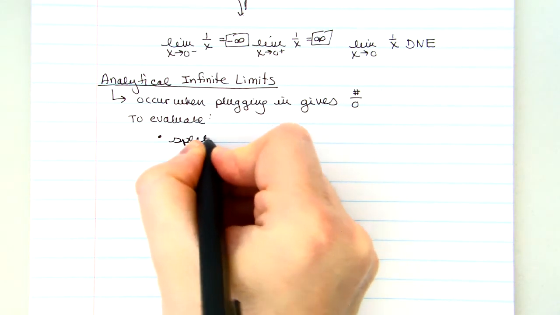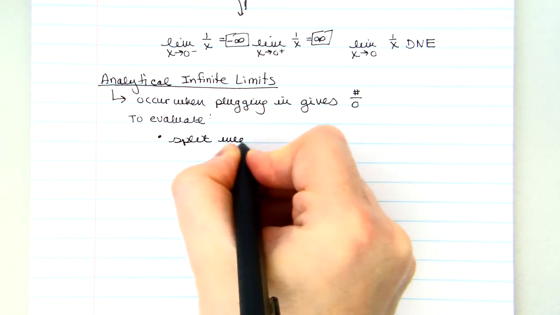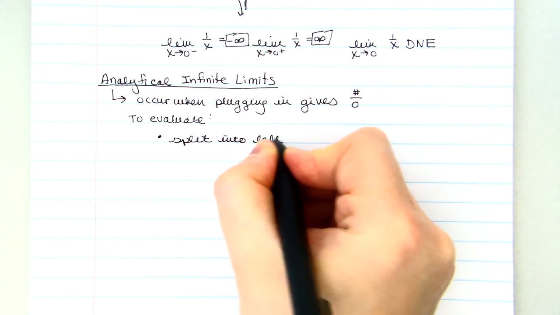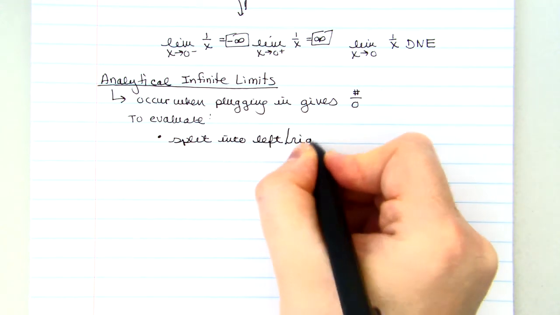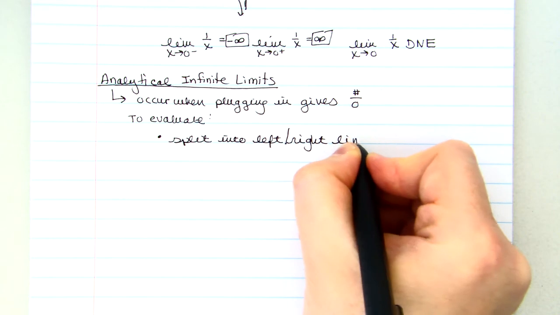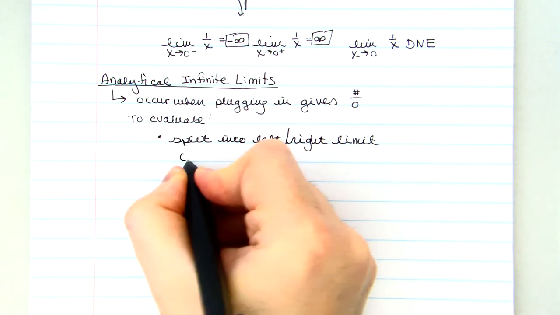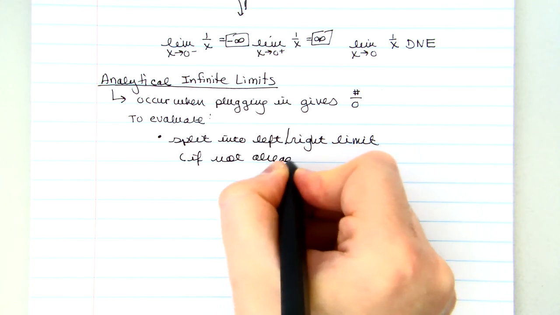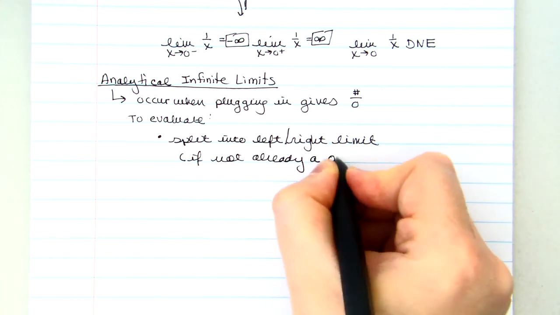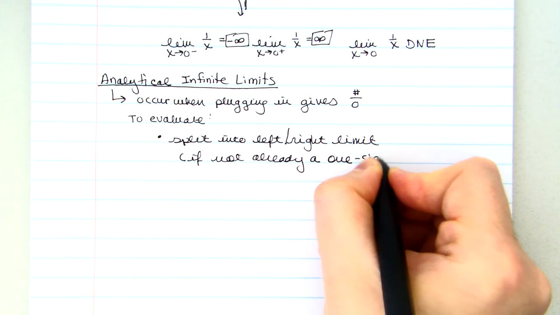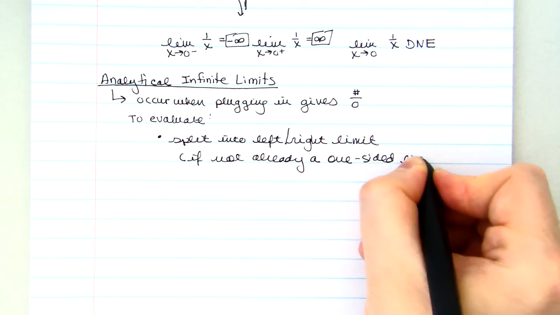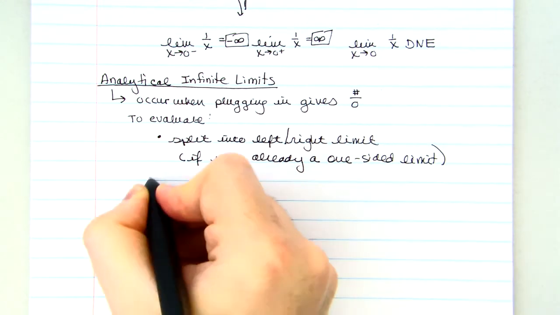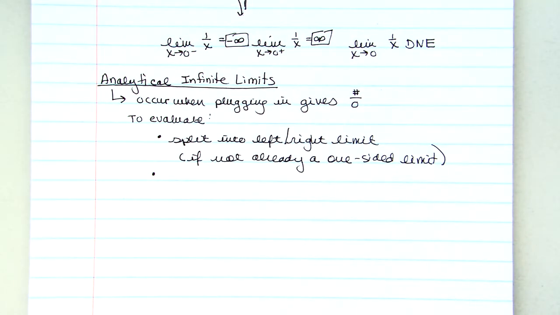To evaluate, split into a left and a right limit if it's not already a one-sided limit. Can't deal with an overall limit.